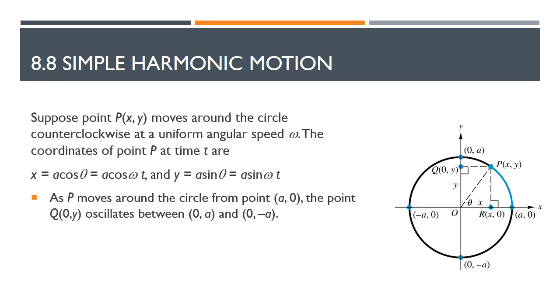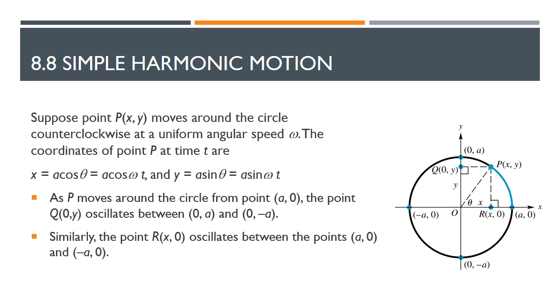That is going to go up and down as the point goes around that circle. It's going to oscillate from (0, a), that's going to be at the high point, and then when the bead gets all the way down to the bottom of the circle, then it's going to be (0, negative a). So in other words, the y value is going to go up and down between negative a and a.